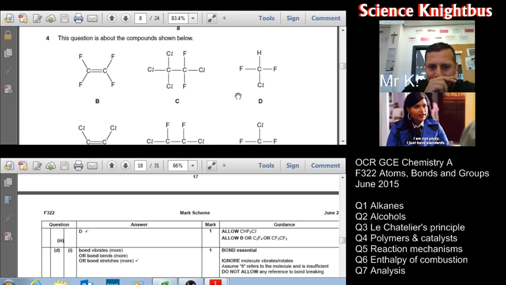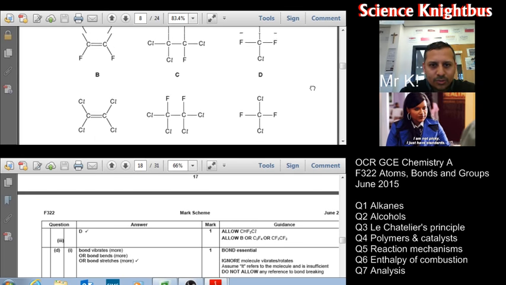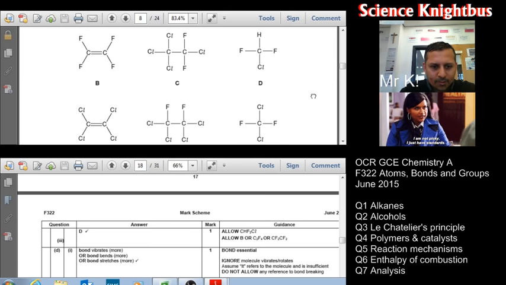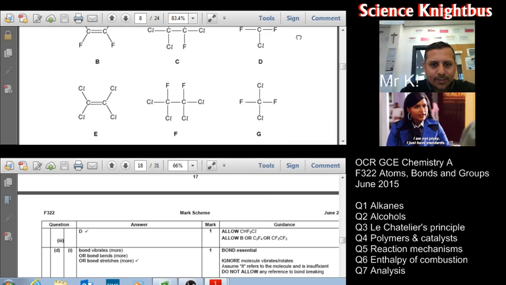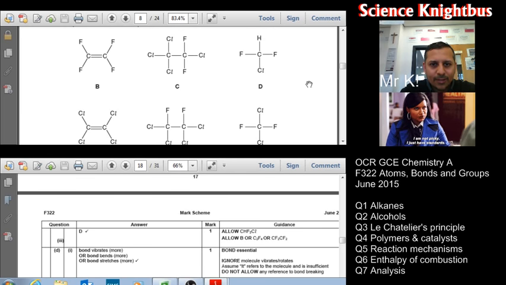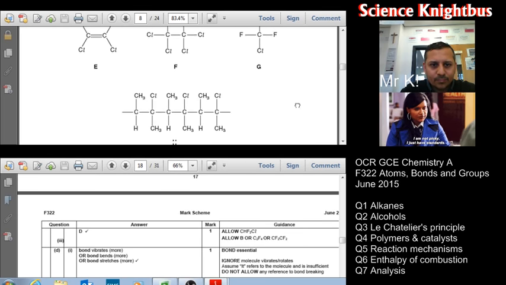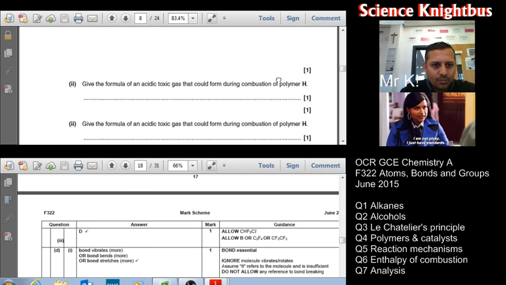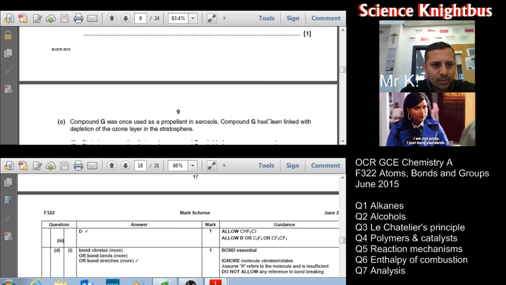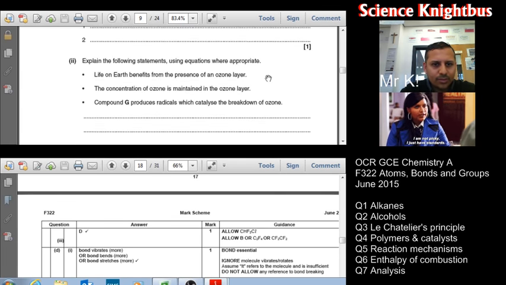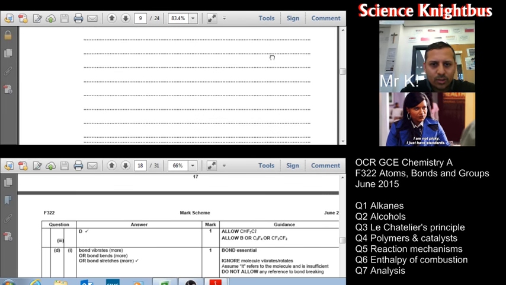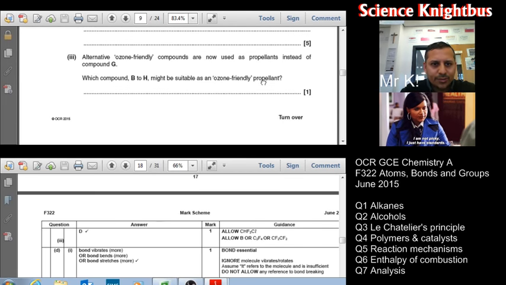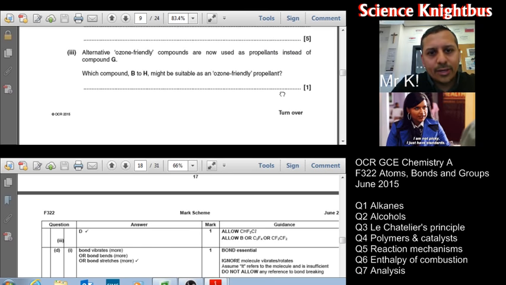Okay, so D would be a better suitable alternative. Okay, it's obviously low volatility, and it's got an H in there as well. I'm assuming that it would be a better one because it's got only the one CCl bond instead of two. Okay, right.